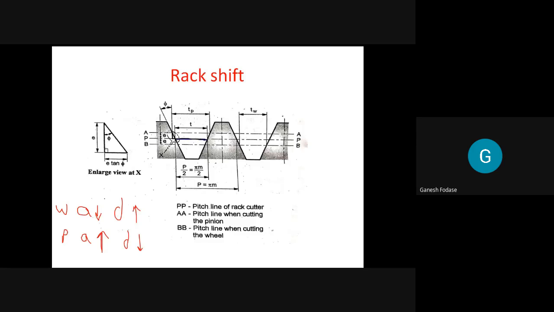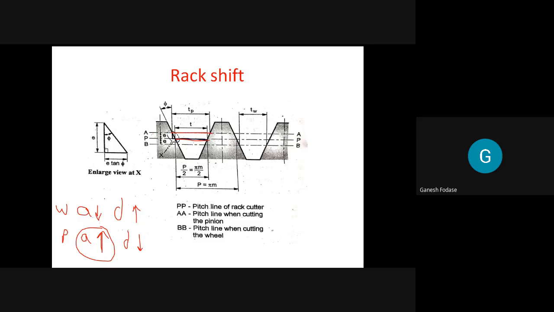So to provide this on the pinion, we need to increase the thickness, and hence to provide increased thickness on the pinion, we have to shift this rack to the upper side by this amount, by E. So to provide increased tooth thickness on the pinion, this rack is shifted from T, which is here at the center. Initially on the pitch circle it is T, but to provide increased thickness, this rack is shifted towards the upper side.